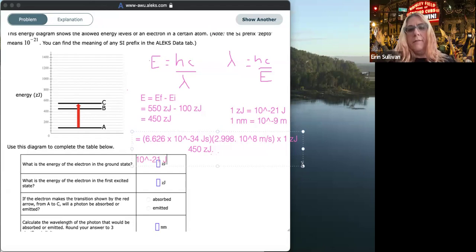And then lastly, to convert between meters and nanometers, I want my meters to cancel out, so 10 to the minus 9 meters goes on the bottom, and 1 nanometer goes on the top.